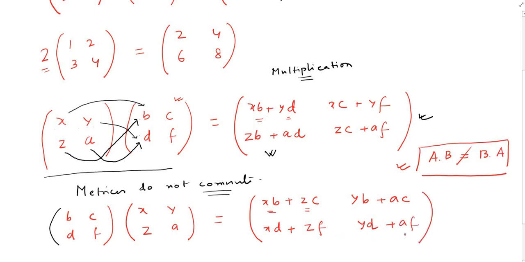So the only thing we saw is that this one and this one are probably matching, but otherwise nothing is matching. So very important concept. Remember these things for matrix multiplication. This is a very vital rule.